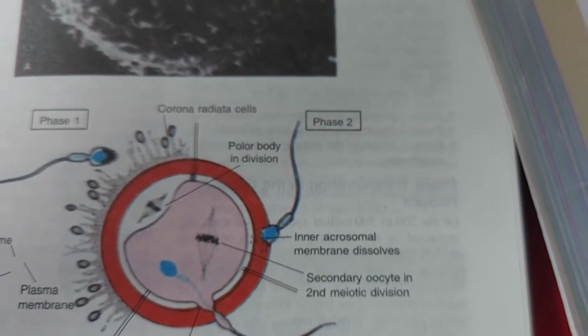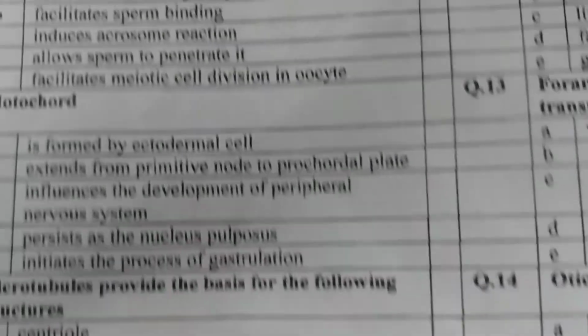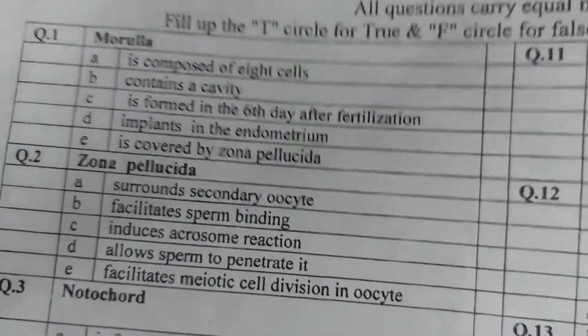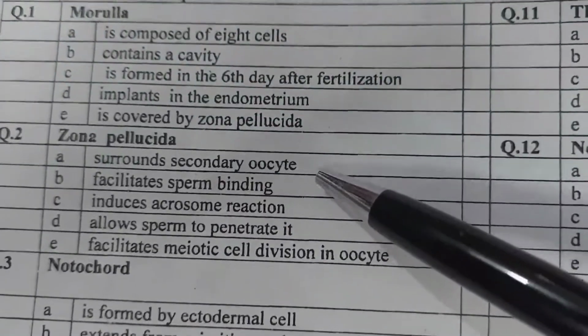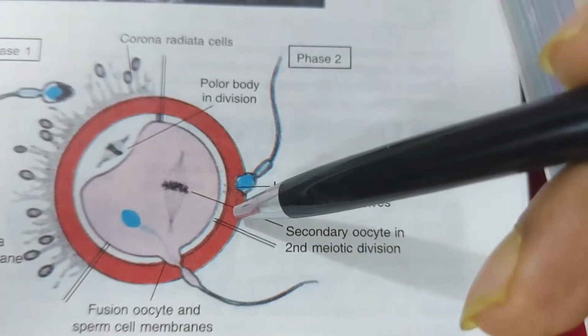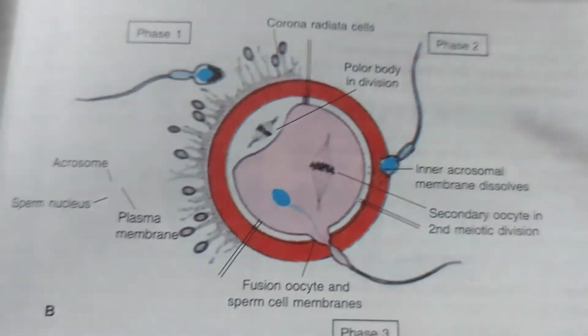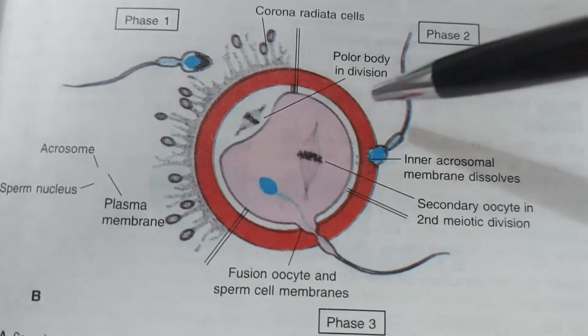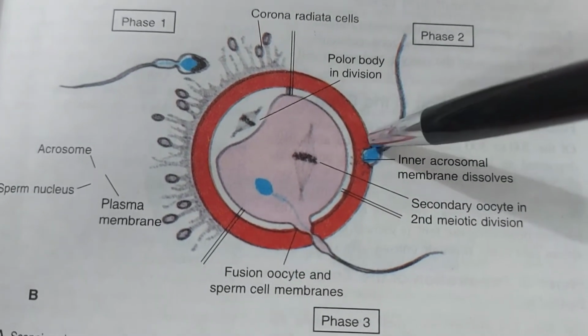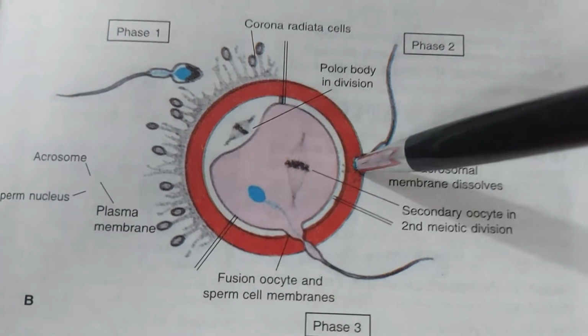So our question was whether it facilitates sperm binding. First thing, it is true that it facilitates sperm binding, but the matter is that it allows binding of only one sperm.